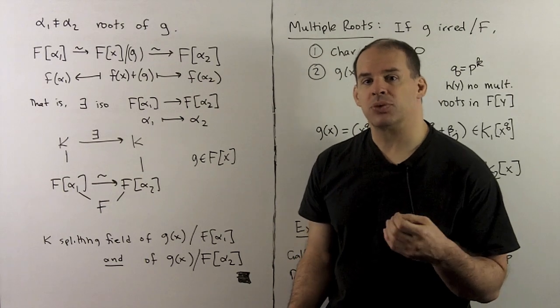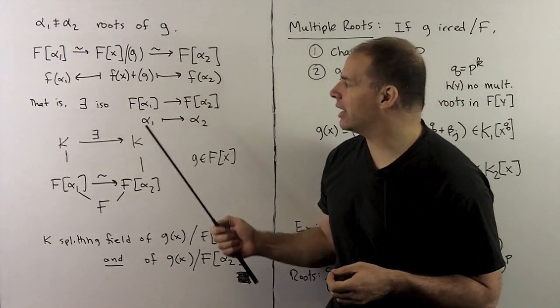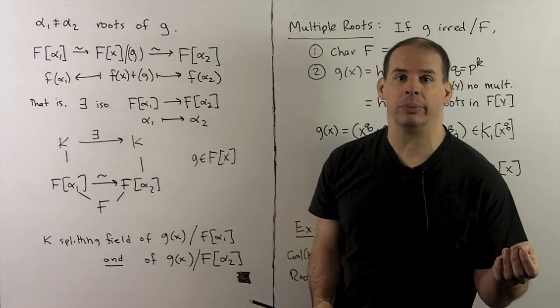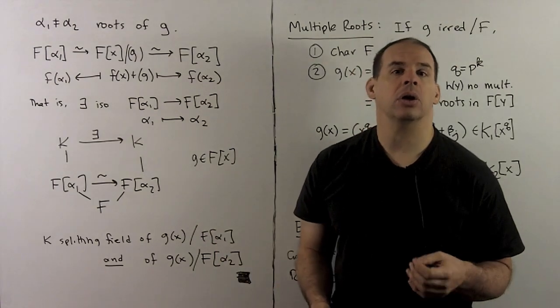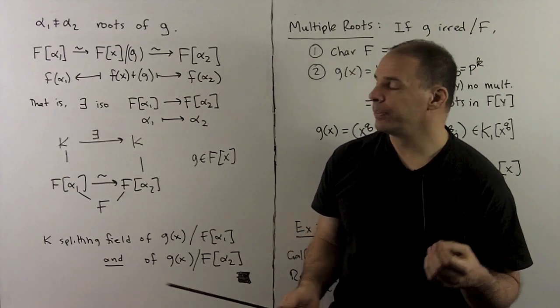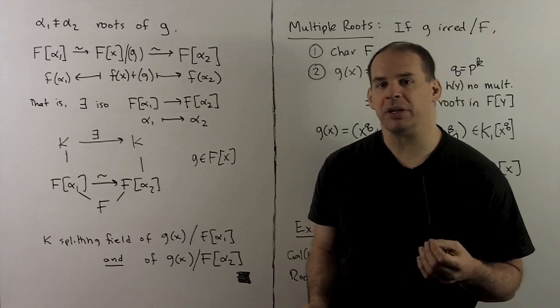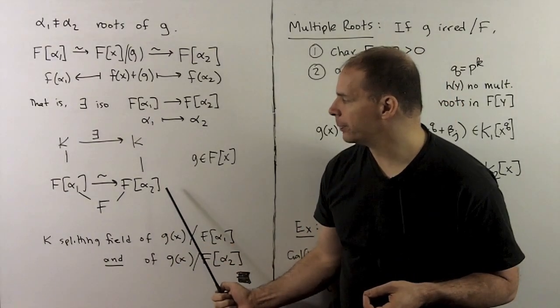Now, if we have distinct roots alpha 1 and alpha 2, we combine the evaluation maps to get an isomorphism carrying F adjoin alpha 1 to F adjoin alpha 2, sending alpha 1 to alpha 2. What about the splitting field K? K is a splitting field for G over F, so it's also a splitting field for G over F adjoin alpha 1 and F adjoin alpha 2.